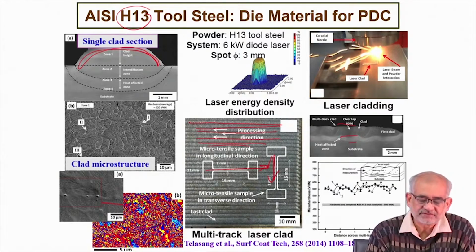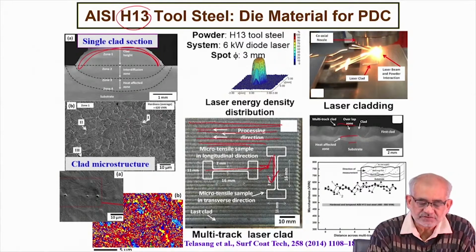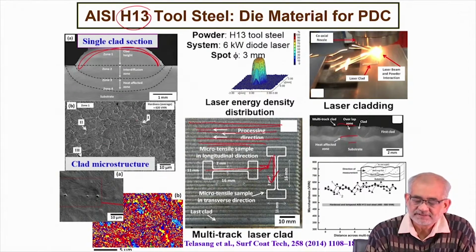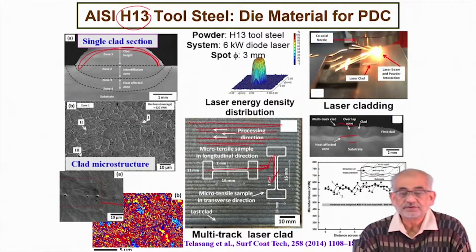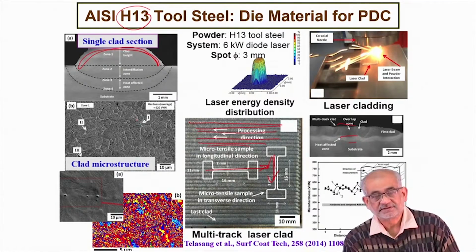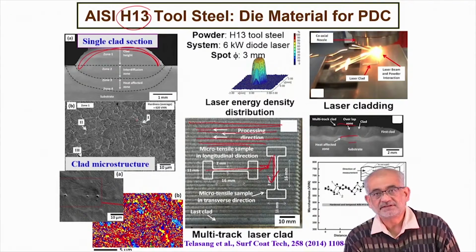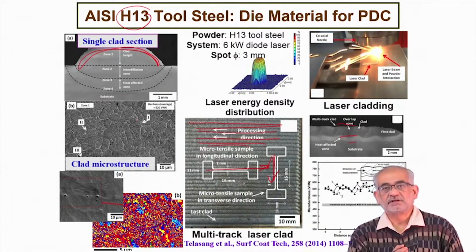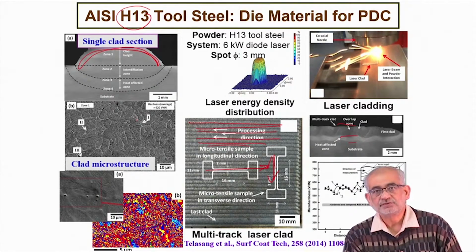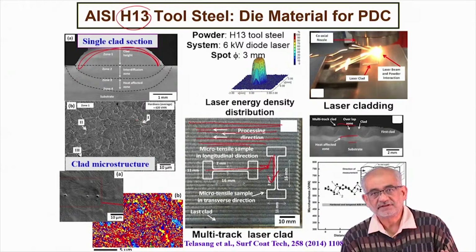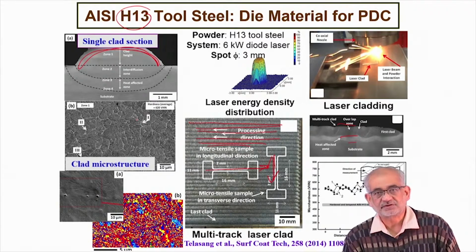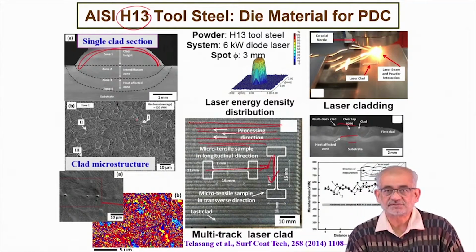Now, what is really significant in this whole case is that we had very good mechanical properties, but what is very interesting is that the microstructure you develop in the clad zone is also martensitic in nature. Normally in plain carbon steel or normal alloy steel, when you melt and solidify, you don't necessarily get martensite, because you go through the liquid to solid transition, and that's when austenite forms, and in most cases austenite is retained during the fast cooling process until room temperature.